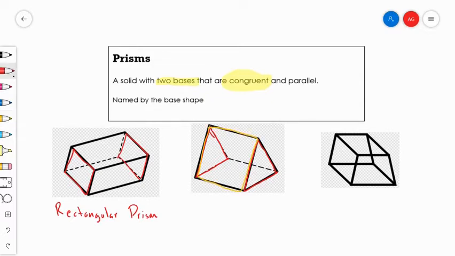Because the base is indeed a triangle, this is what we call a triangular prism. And same with this last prism down here, the base is a trapezoid, and so the name for this prism is a trapezoidal prism.